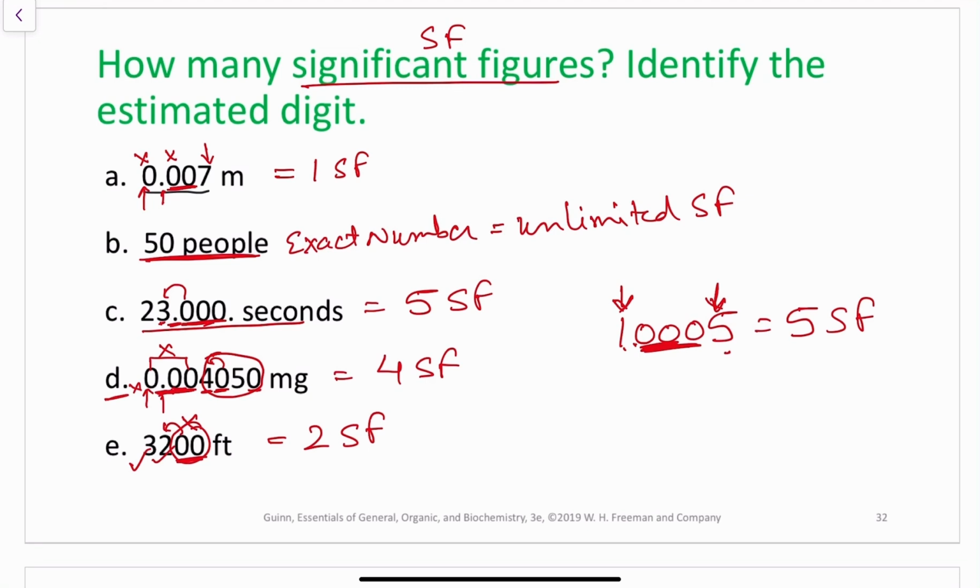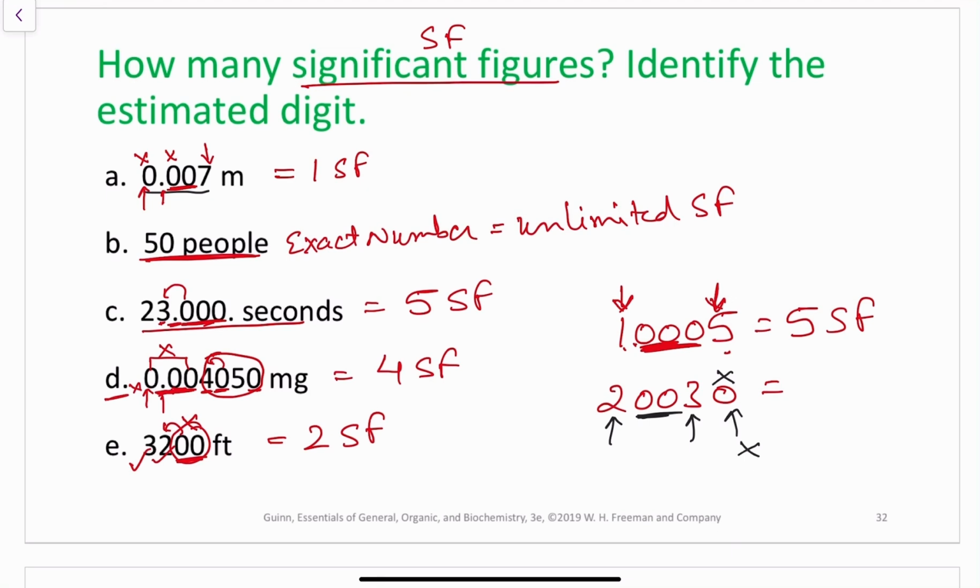Let me give you one more example. If you have 20030, how many significant figures in here? These two zeros are between two non-zero numbers, but this last zero is a trailing zero, and you don't have any decimal in that number anywhere, so this zero cannot be counted as significant.